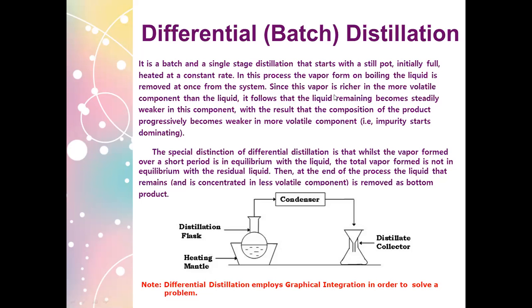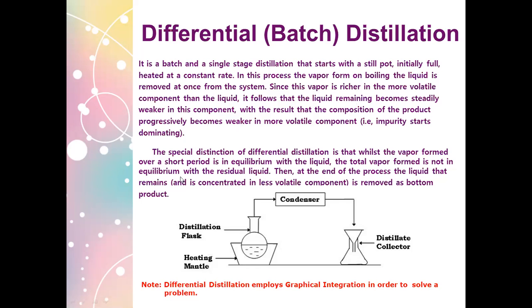Now, since this vapor is richer in the more volatile component than the liquid, it follows that the liquid remaining in the pot or in the still becomes steadily weaker in this component, meaning over time, there's less and less of the more volatile component remaining in the pot, with the result that the composition of the product progressively becomes leaner in the more volatile component, or that is, impurity starts to be dominating.